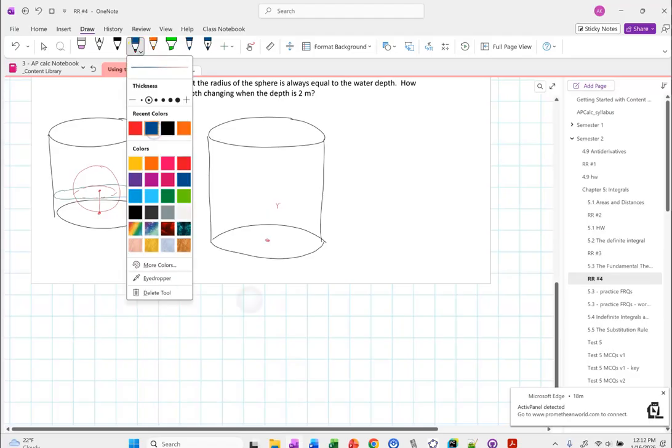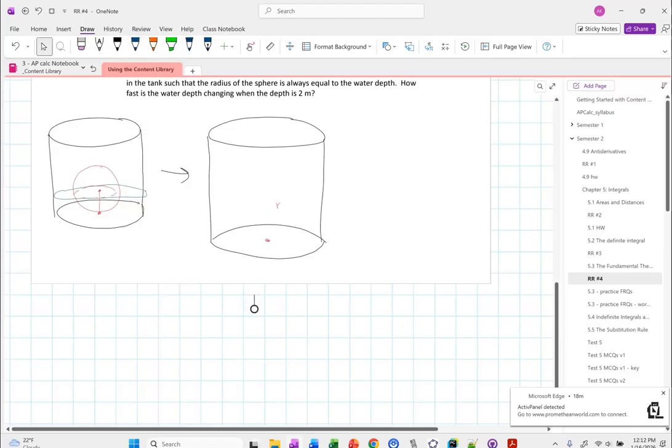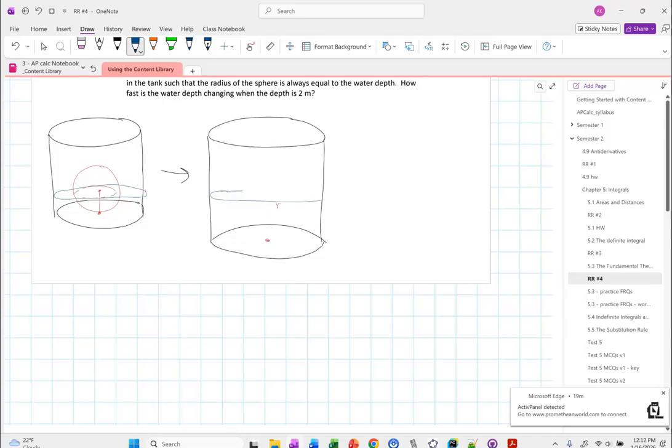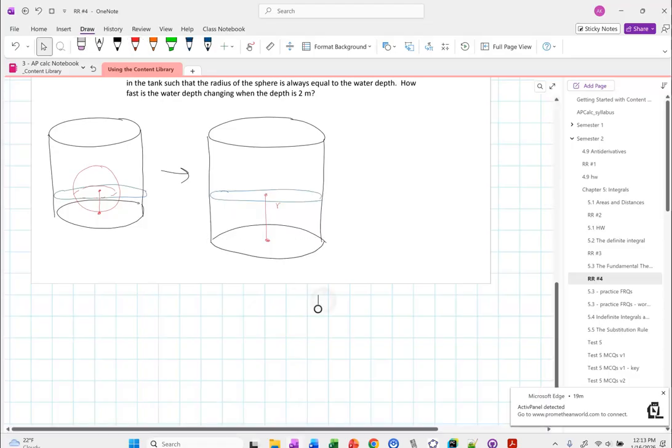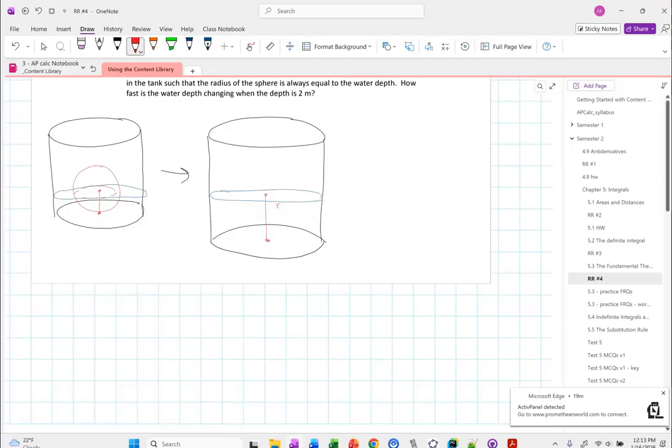Try that again. I'm going to break my cylinder. Just make it a little higher. Come on. Ooh, sorry guys.